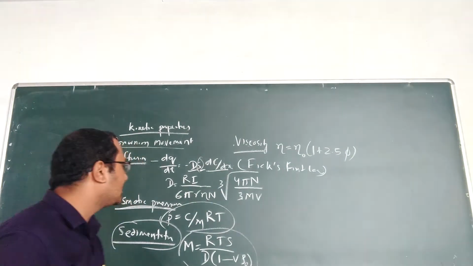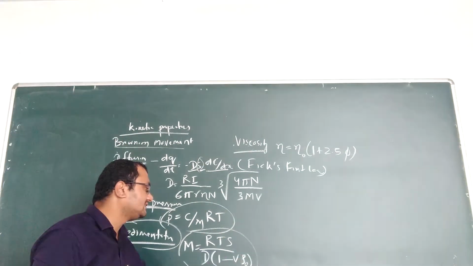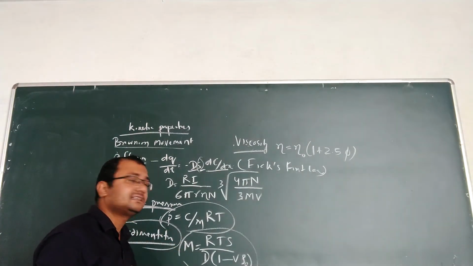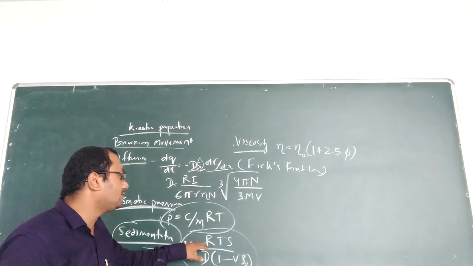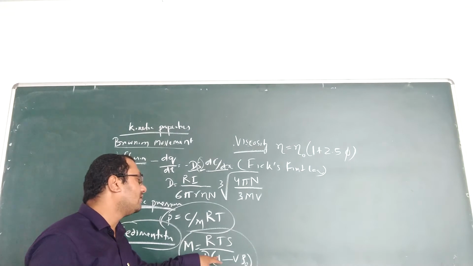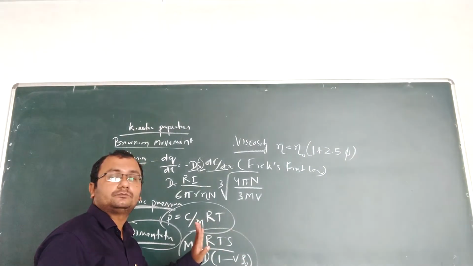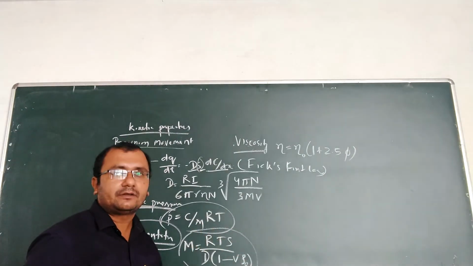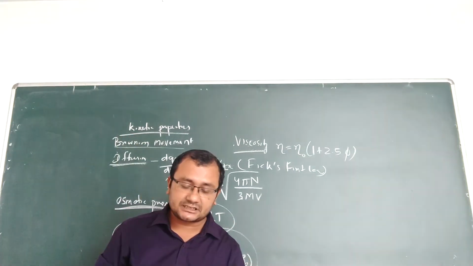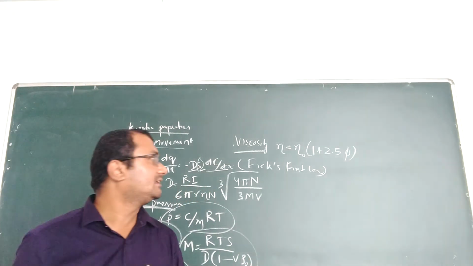So these are the parameters we need to take to evaluate sedimentation. M is equal to RTS divided by D into 1 minus V rho 0. So by using this one, we can easily evaluate the things.